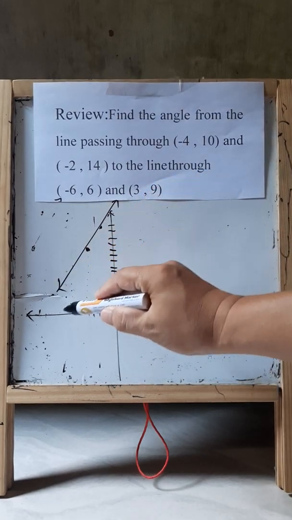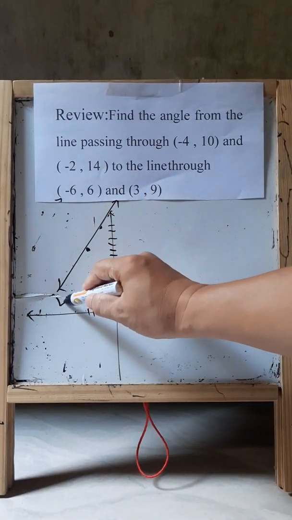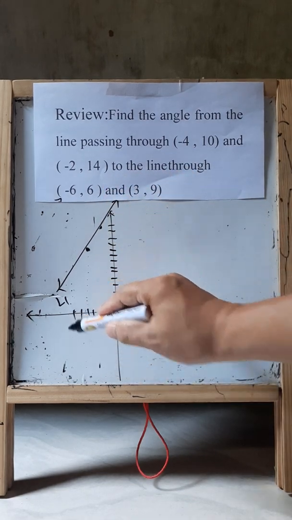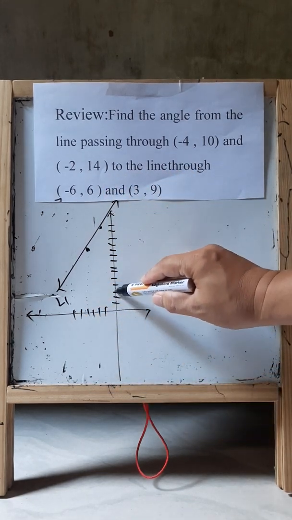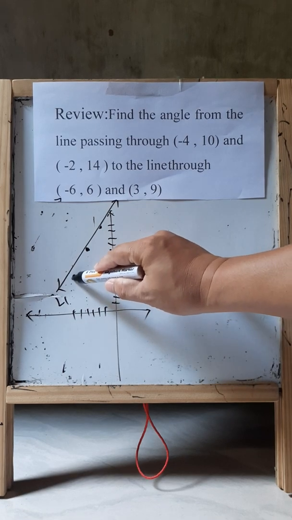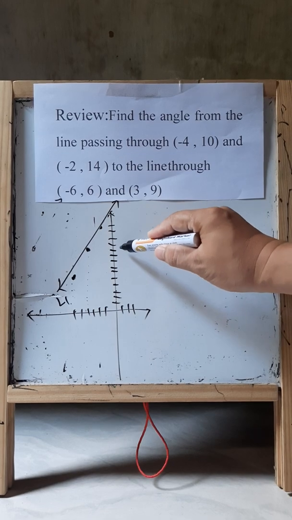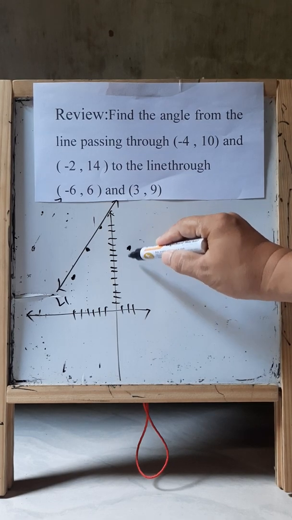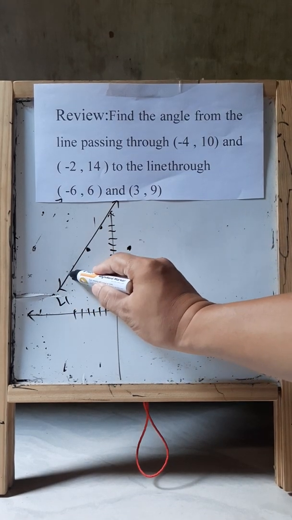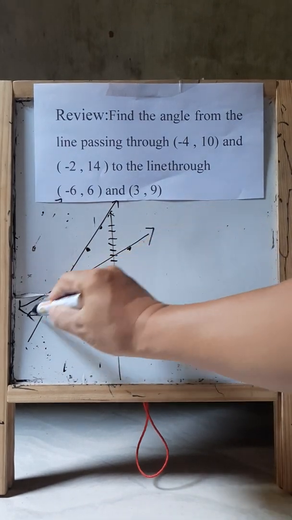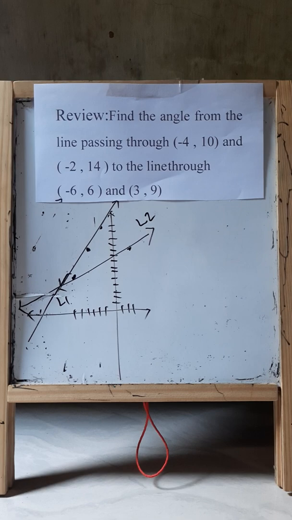So this is line 1. How about line 2? Line 2 is the line passing through the points (-6, 6): 1, 2, 3, 4, 5, 6 here, and (3, 9). This is line 2.